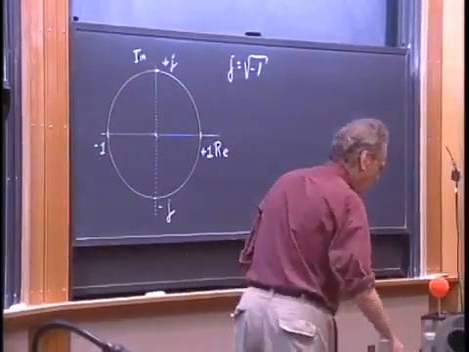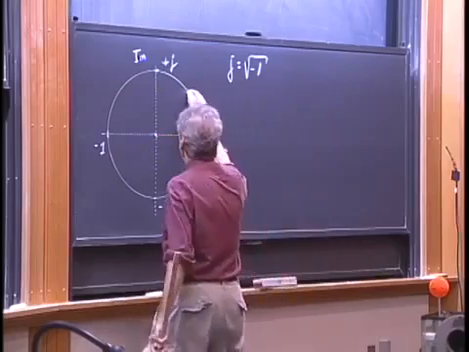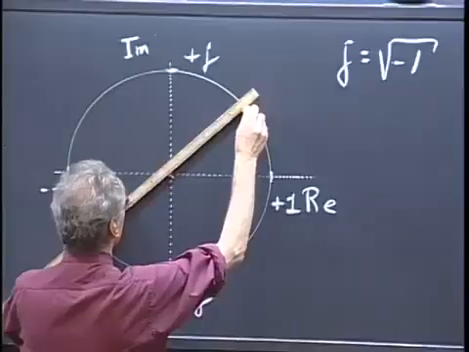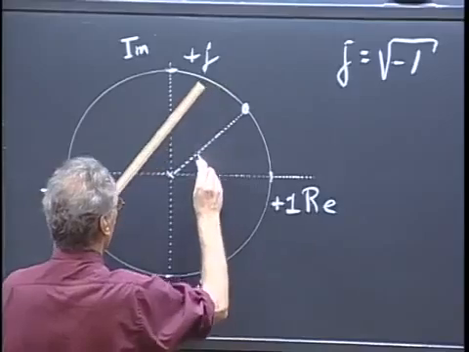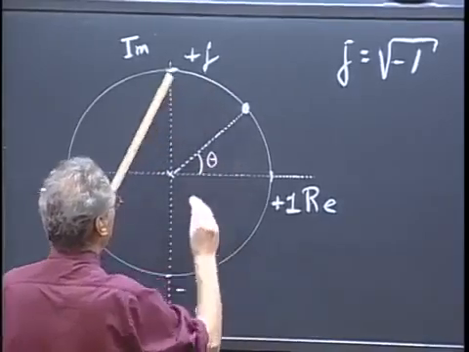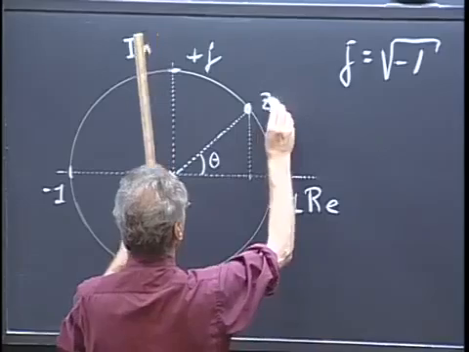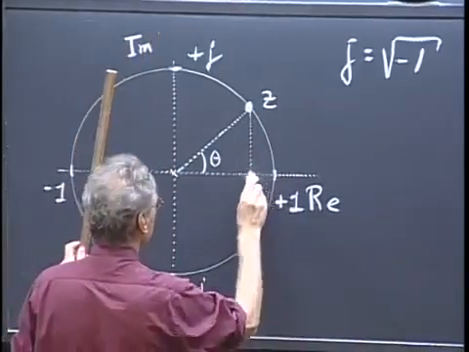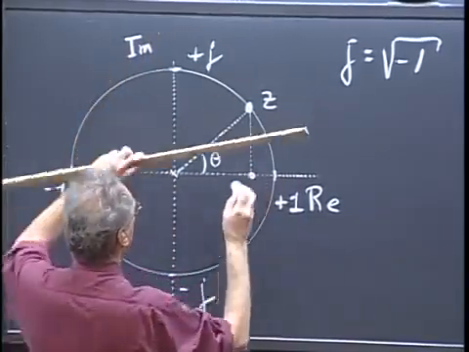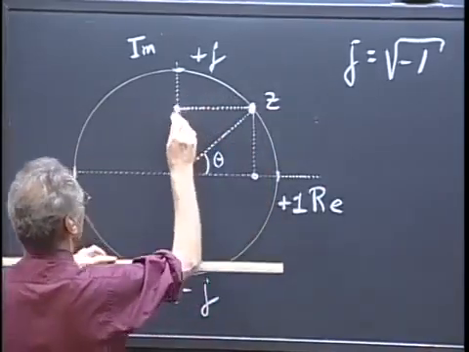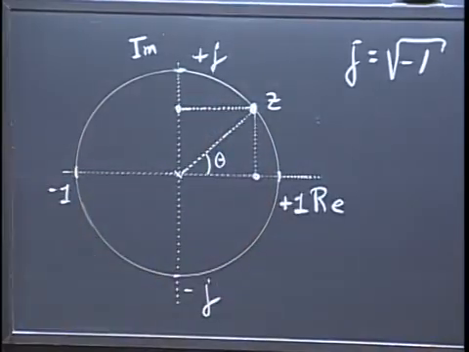I now pick a position here, which now represents a complex number. Call this angle theta, and I project this. This is position z. It's a complex number. This is the real part of that complex number, and this is the imaginary part of that complex number.